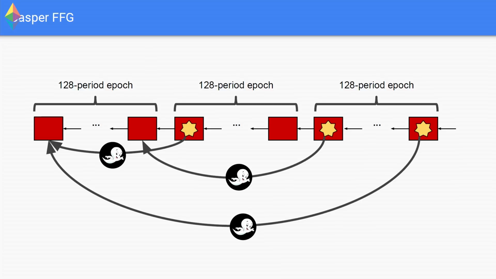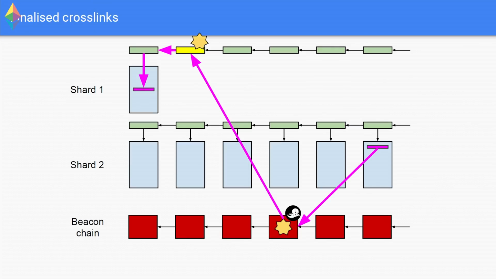And so what you have is the crosslinks being a pooled vote, a big Casper vote for the beacon chain in the past. And so the idea of crosslinks and finality plays well together, because once you have finality of a crosslink, the inter-shard communication is very, very strong.